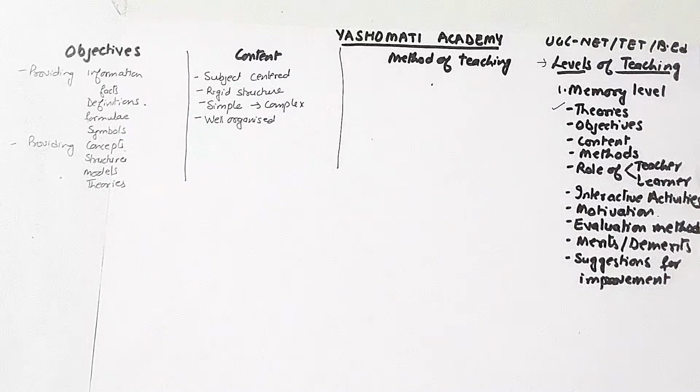So this organization has to be very defined and very well organized. And as far as possible, this content should be presented in the same sequence repeatedly, because if the sequence is changed, then the learner may not be able to integrate it in his memory.